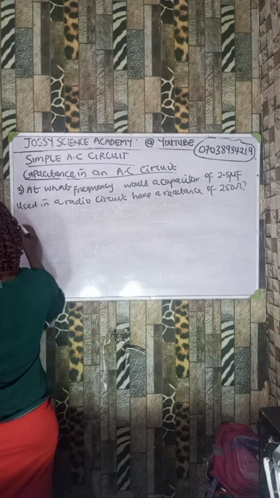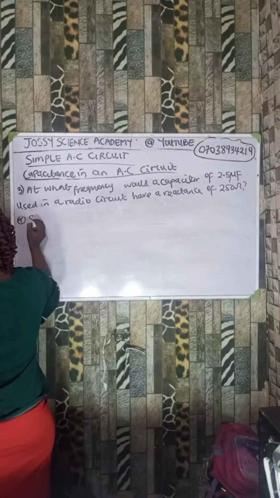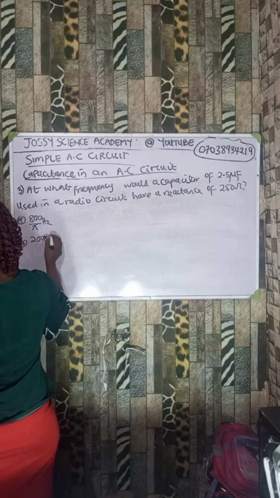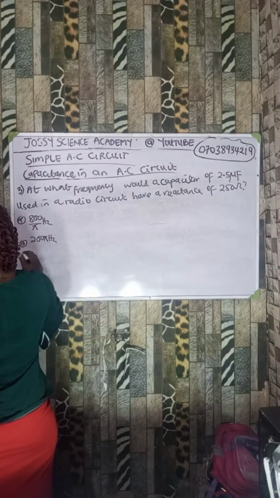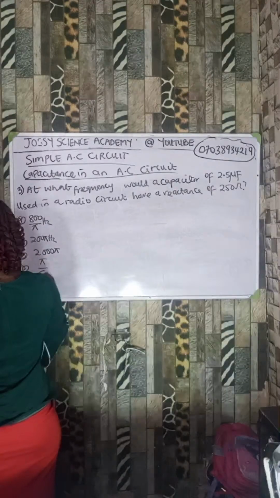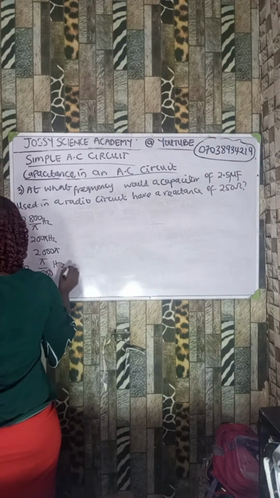You have the following options. Option A, 800 over pi Hz. Option B, 200 pi Hz. Option C, 2000 pi. And option D, pi over 800 Hz.